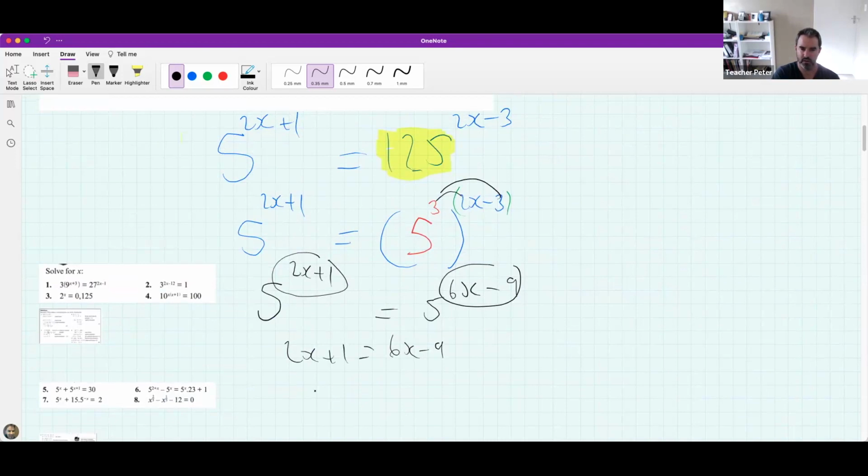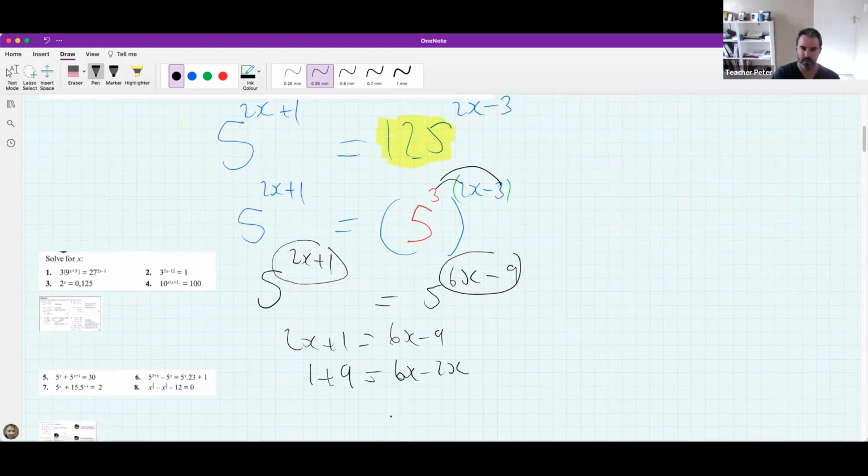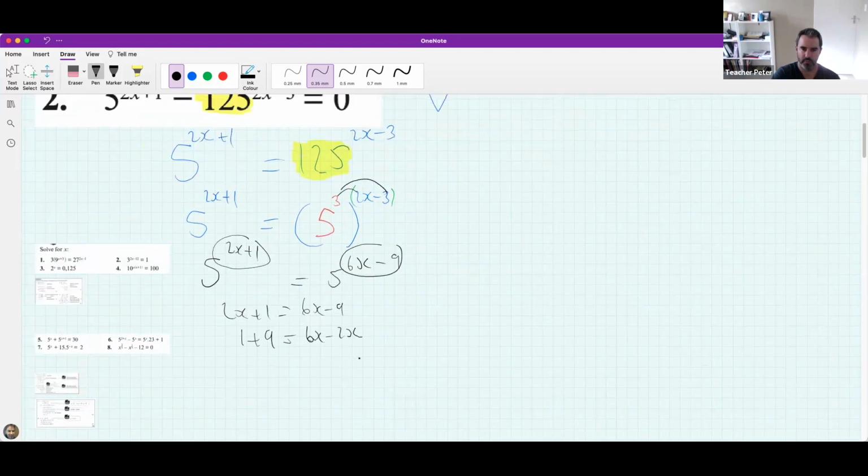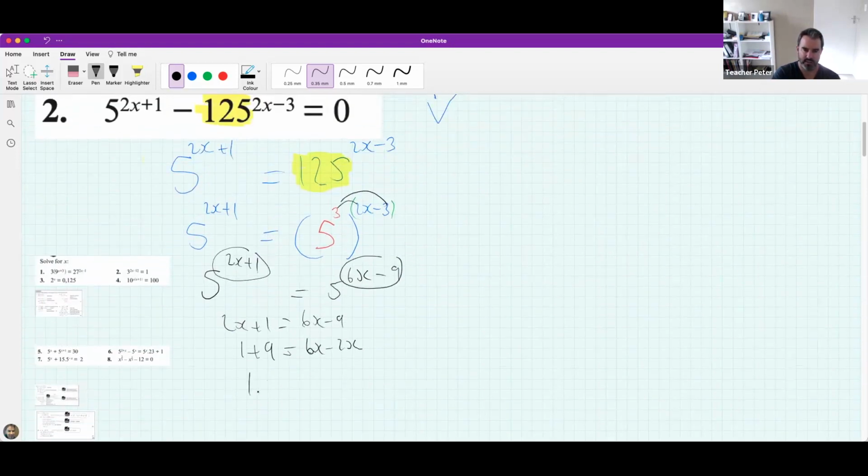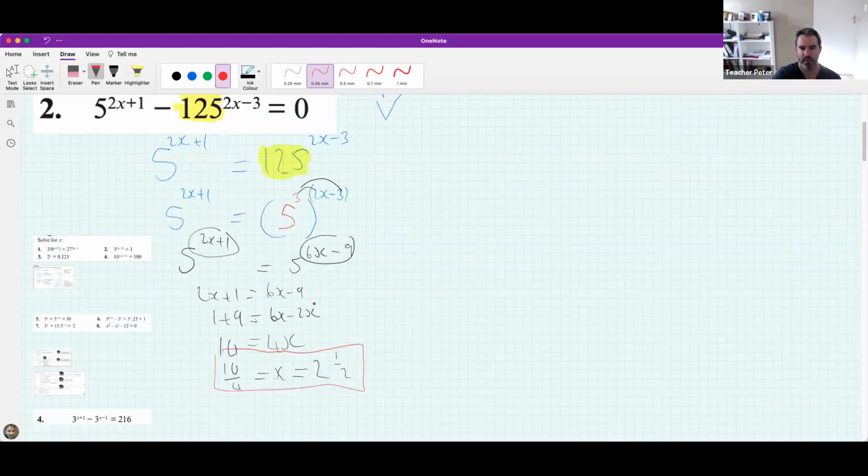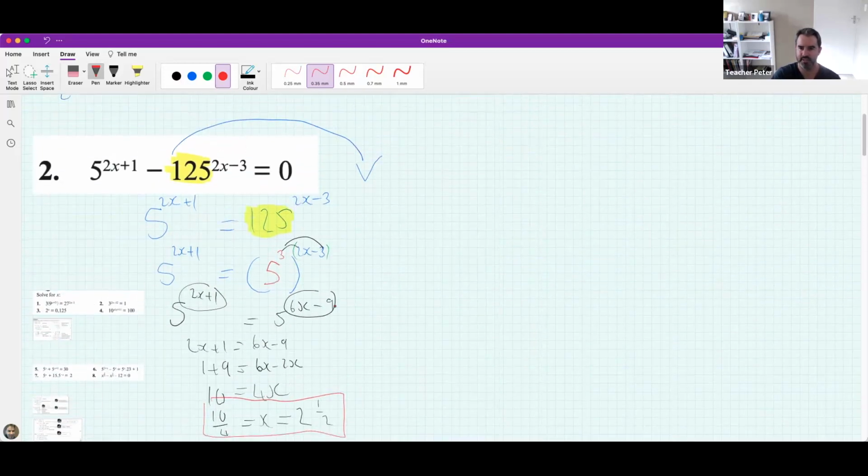And so then we get, what's that going to be? Let's make it a little smaller. So then we get 10 equals 4x. And if I divide both sides by 4, I get 10 over 4 equals x, which is 2.5, which is the same as 10 over 4. So me and CM Tanda agree.